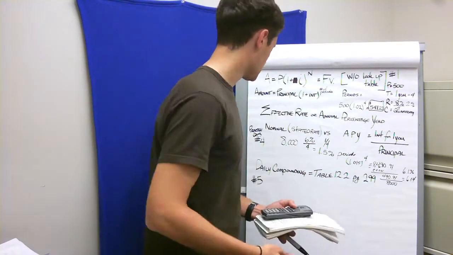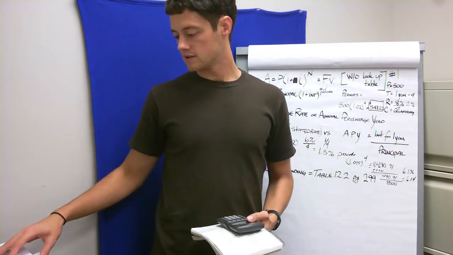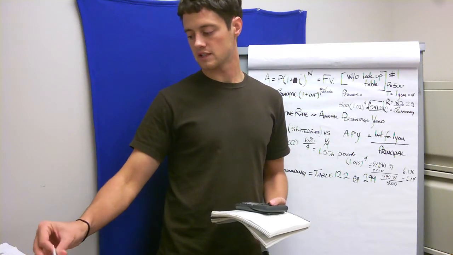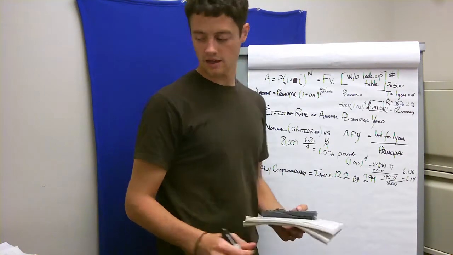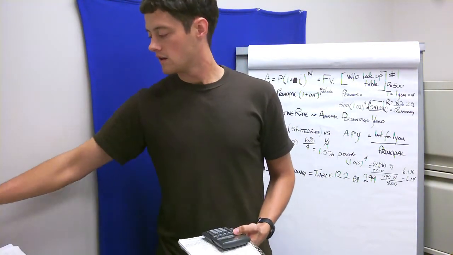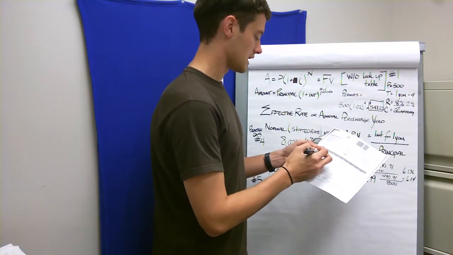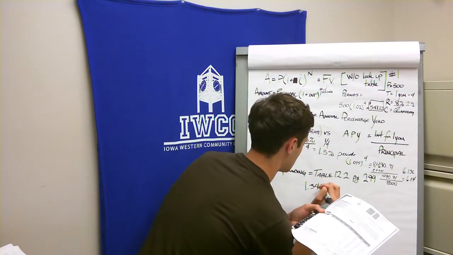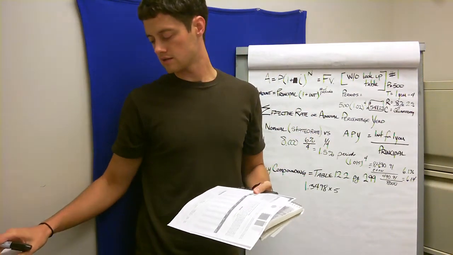So we can do number 5, and I want to use the chart from table 12.1, and it says $1,800 for 5 years at 6% daily. So I'm going to look at my table, and it shows that at 6% and 5 years daily is 1.3498 times, how much thousand? 5,000.